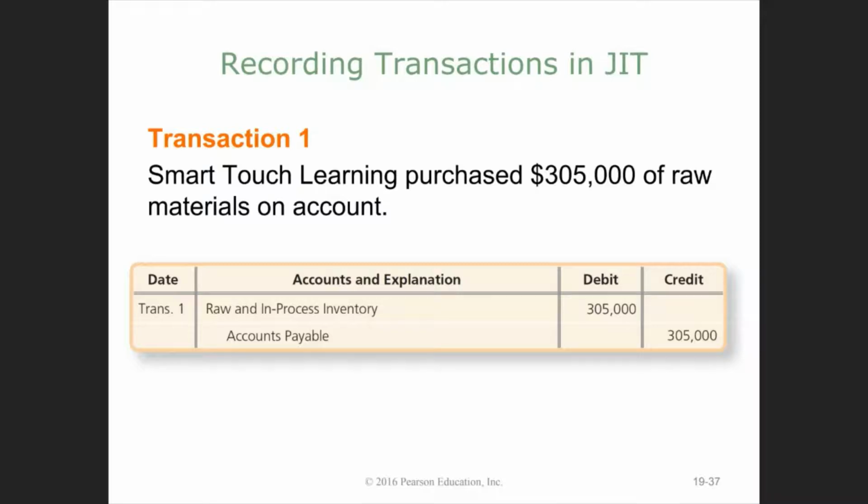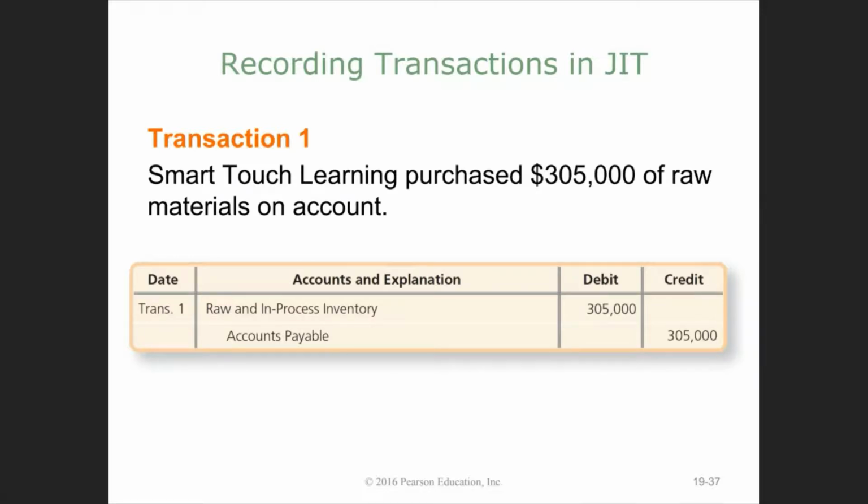So here we're going to look at some journal entries. We are recording transactions in just-in-time. Here we've got Smart Touch Learning purchased $305,000 of raw materials on account. So we are going to debit our raw and in-process inventory because we're looking at just-in-time, right? When we saw on that previous slide for just-in-time costing, for their inventory accounts, for just in time, they use raw and in-process inventory.